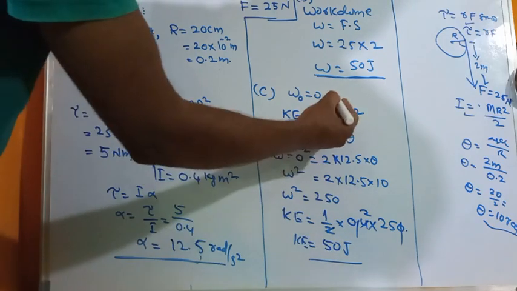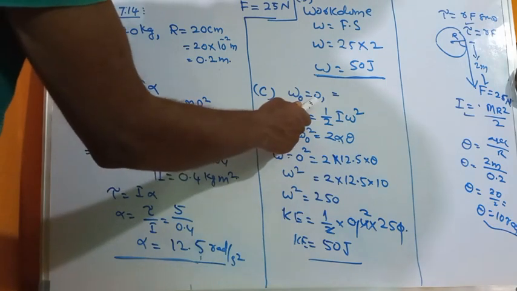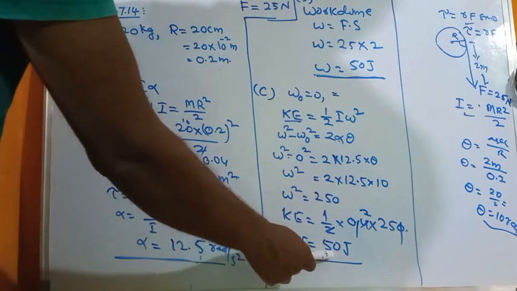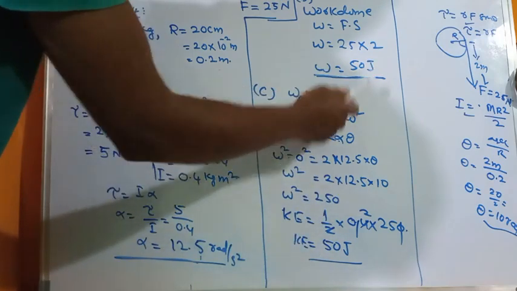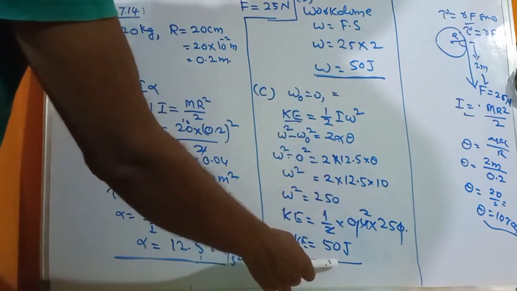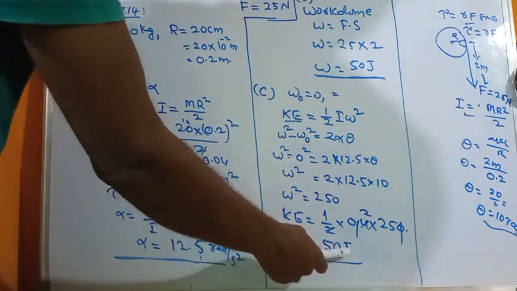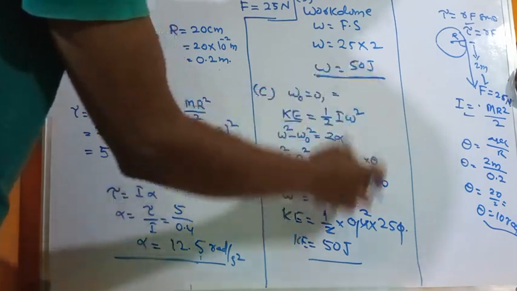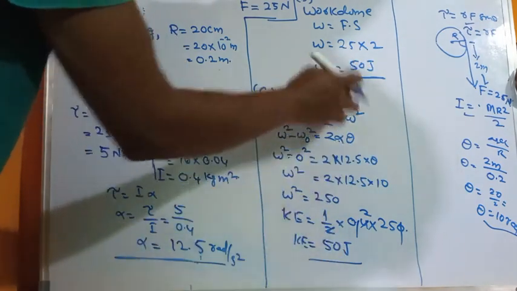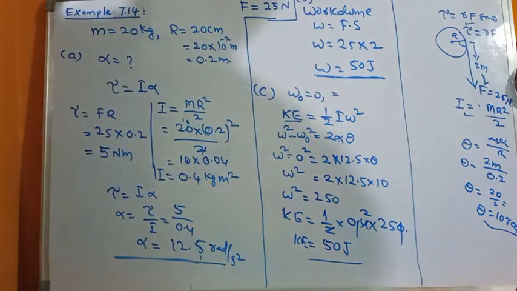Initially there is no kinetic energy because there is no angular velocity, so this is the final kinetic energy. This work done is totally converted into change in kinetic energy. So the same work is done in the case of B and C.